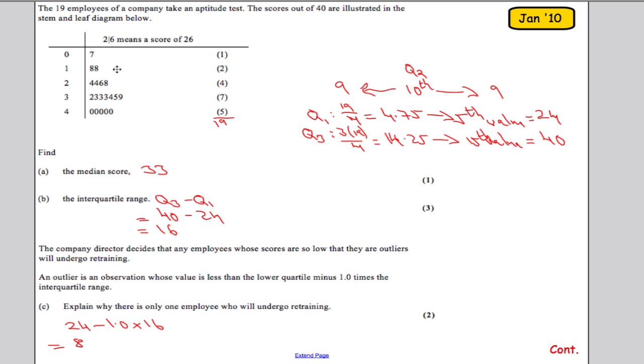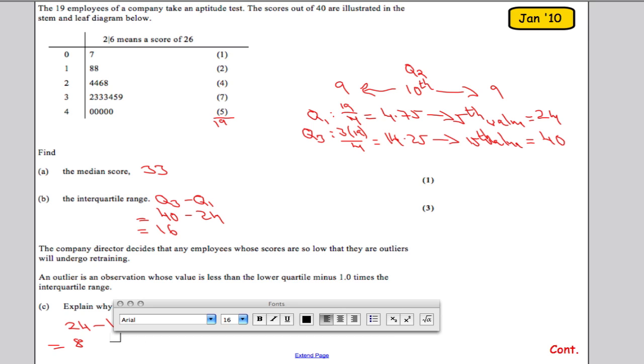That means if we look at our stem and leaf diagram, there's only one person with a score less than 8.